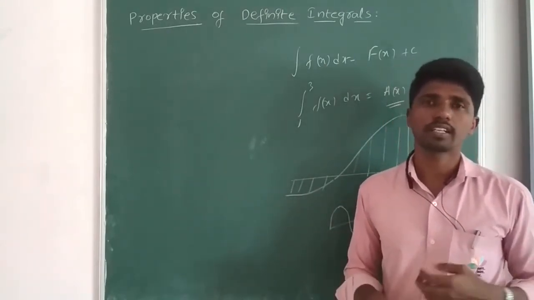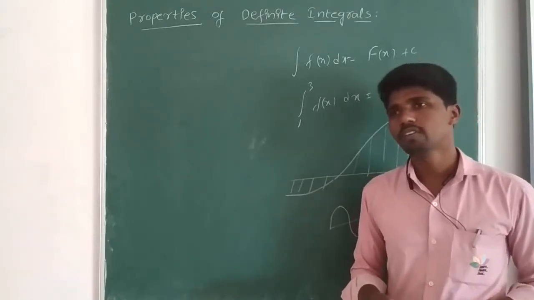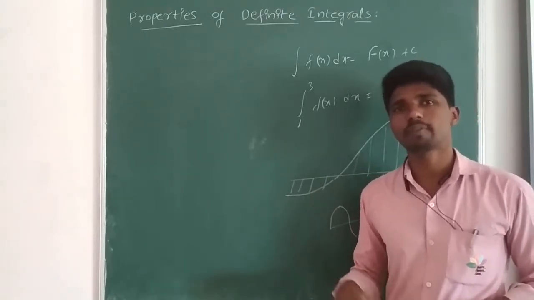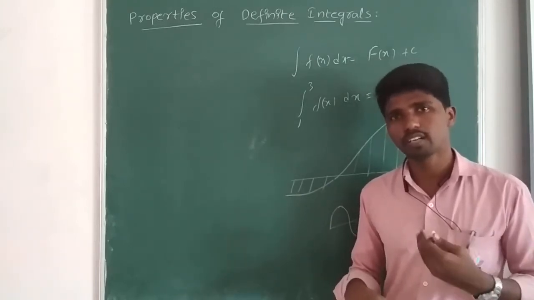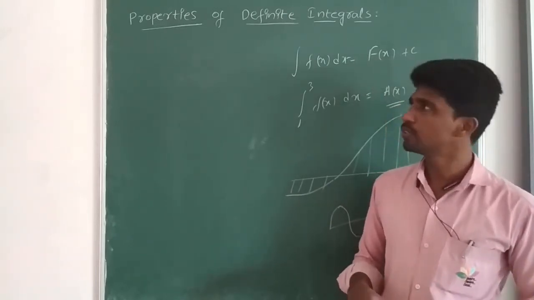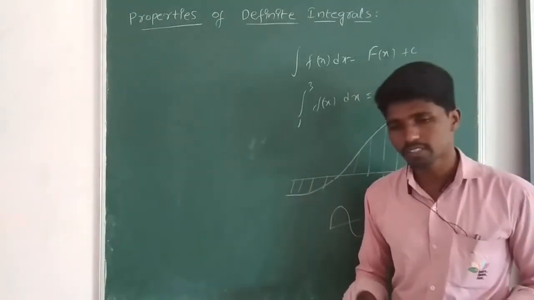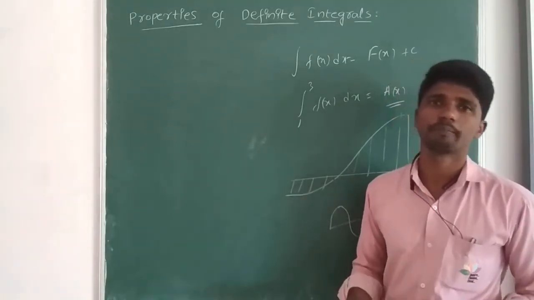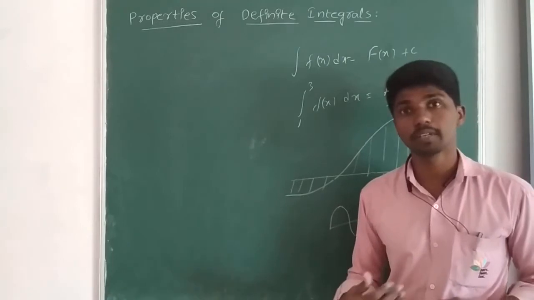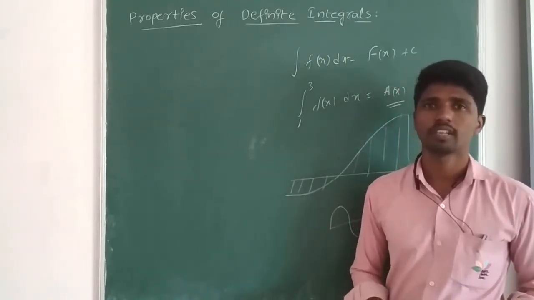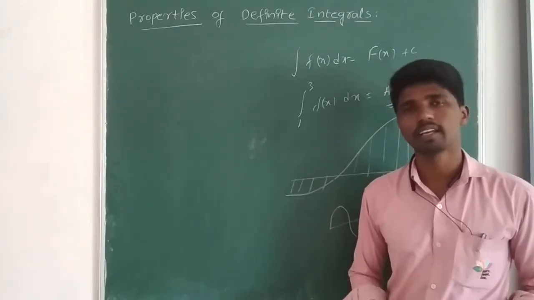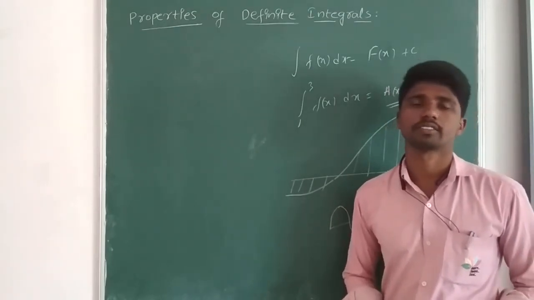To evaluate those types of functions and the area bounded by the curve and the x-axis, we use the properties. The properties give a simple idea and explanation about those types of curves, as well as how to find their area bounded by the x-axis, right?